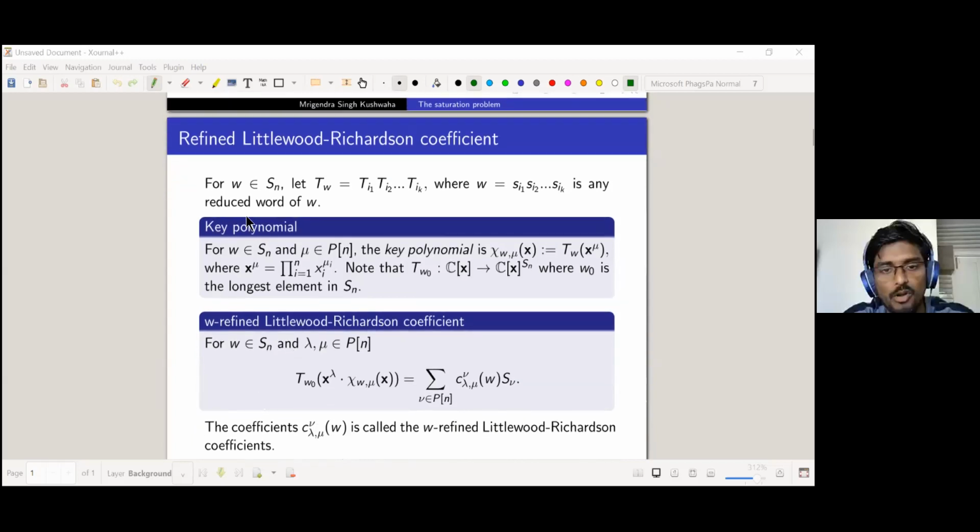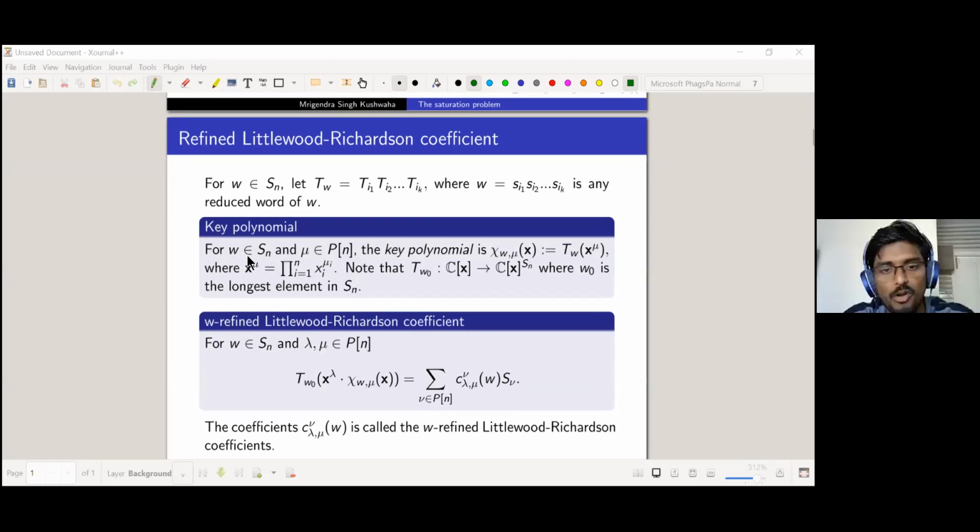So for any permutation W, we can define a de Maisure operator corresponding to that permutation, T_W, equal to T_i1, T_i2, up to T_ik, where W equals S_i1, S_i2, up to S_ik is any reduced word for W.